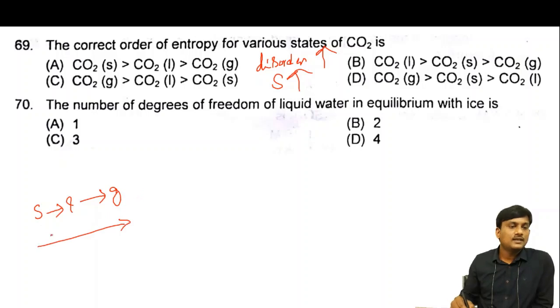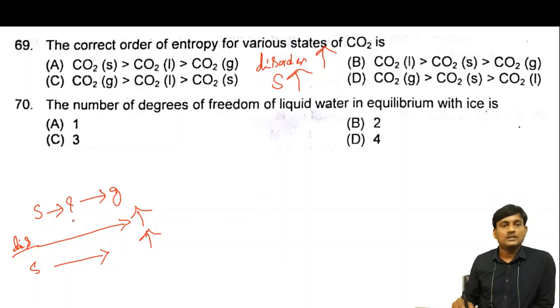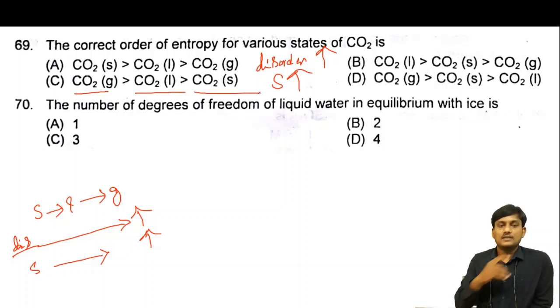So obviously entropy increases from solid to liquid to gas. Which one should have more entropy, more randomness? Gas, next liquid, next solid. So what is the answer? CO2 gas greater than CO2 liquid greater than CO2 solid. So C is the correct option.